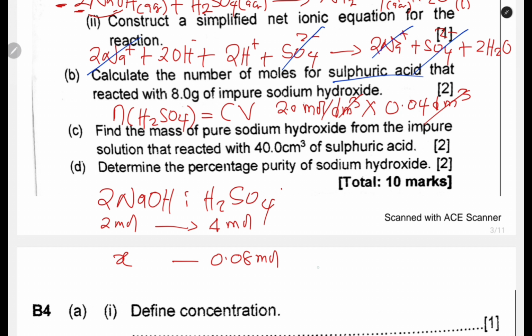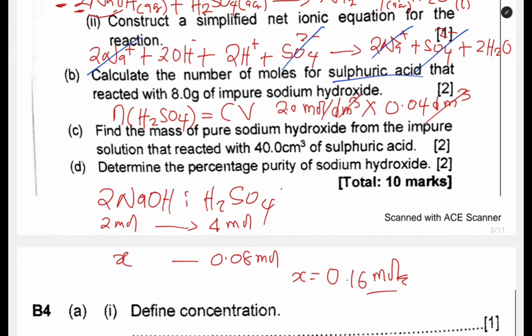So it's x is equal to 2 multiplied by 0.08, which gives us 0.16. This is the number of moles of the pure sodium hydroxide. Now what we want is to find its mass.